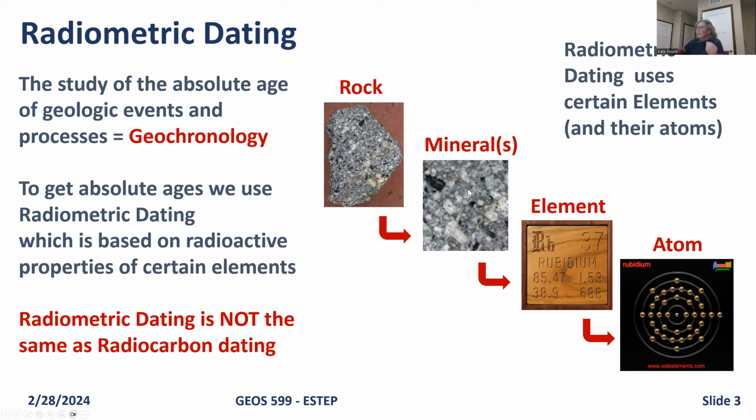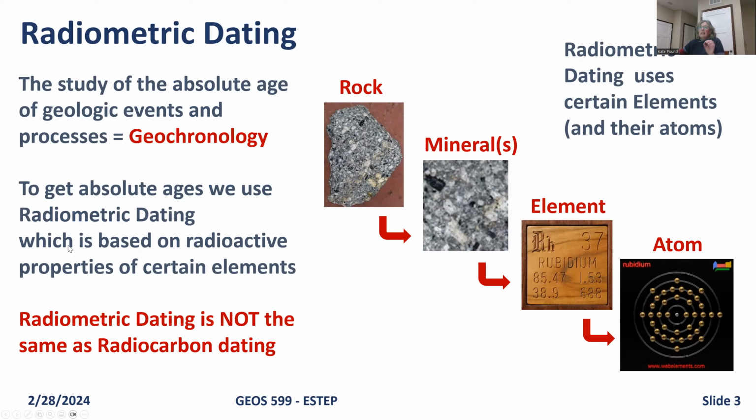So they are very good for dating when it happened. Each of the minerals in there contains elements, and the smallest part of each element is an atom. So this is where we need to dive into a little bit of detail.